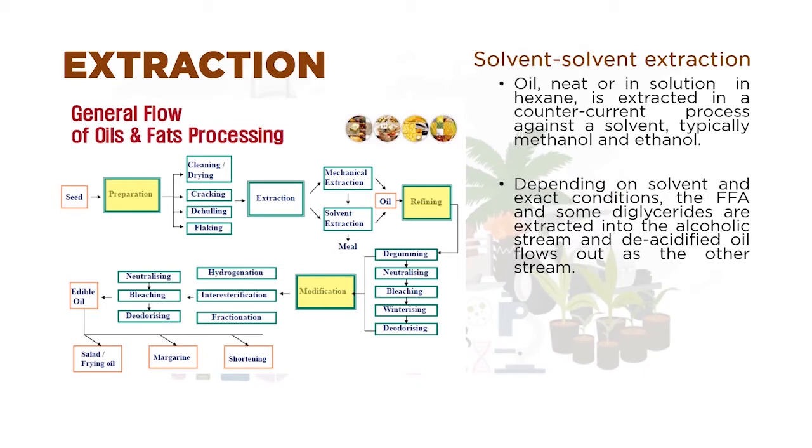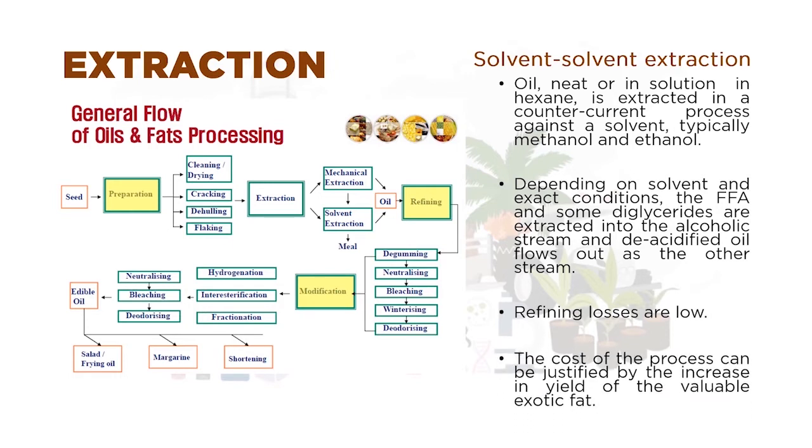Depending on the solvent and the exact conditions, the free fatty acid (FFA) and some diglycerides are extracted into the alcoholic stream, and the acidified oil flows out as the other stream. The refining losses are very low from this extraction method, and the cost of the process can be justified by the increase in yield of the valuable exotic fats.